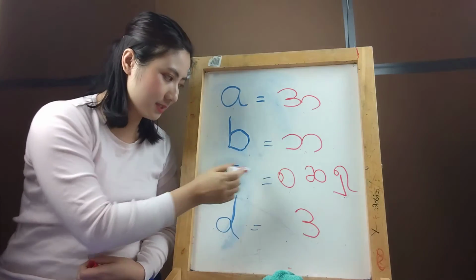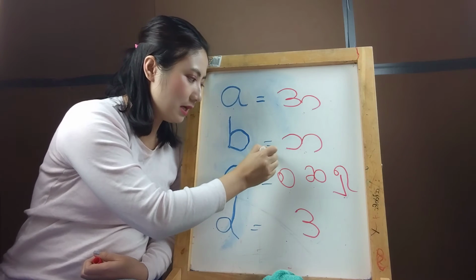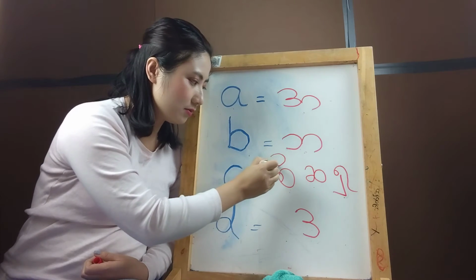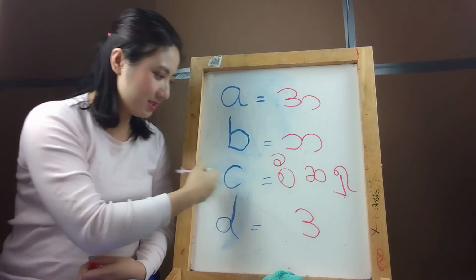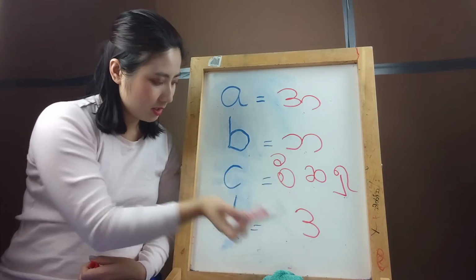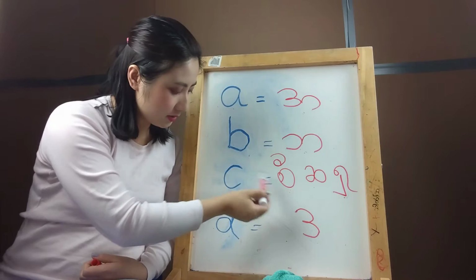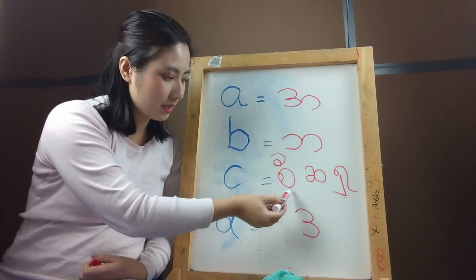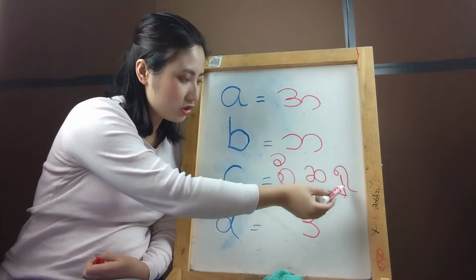So if it's a k sound, this is the letter that looks like k. It's the opposite. In Korean, this makes the k sound, but for the s sound, this looks like s, sh.